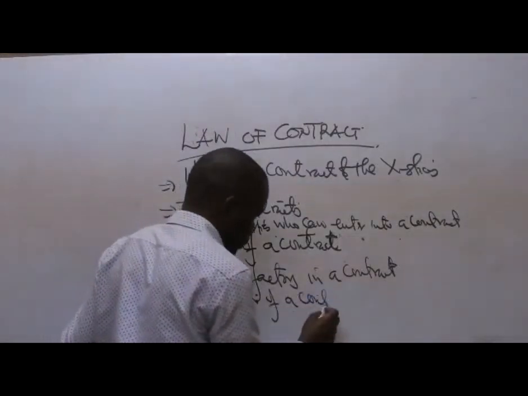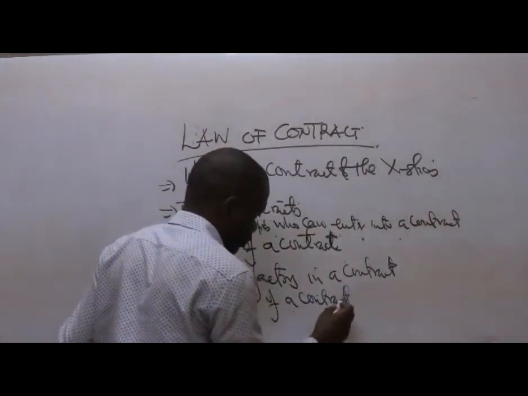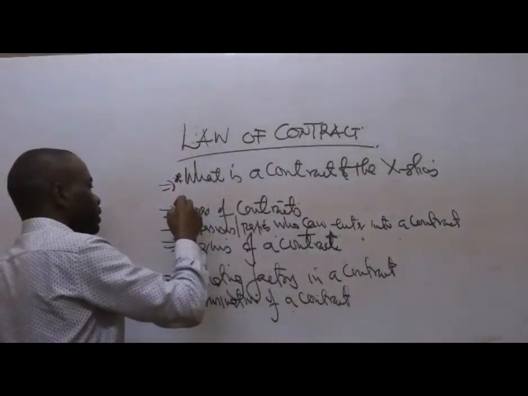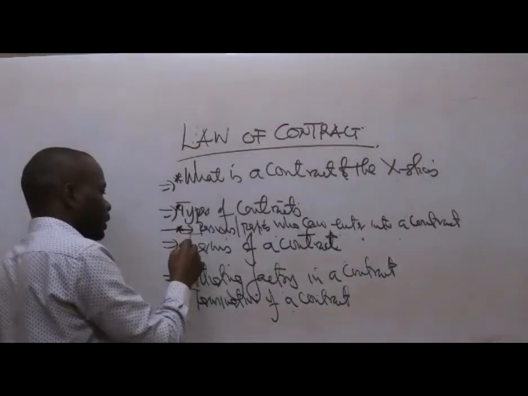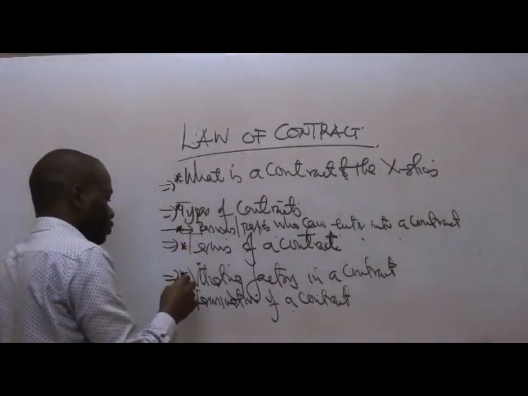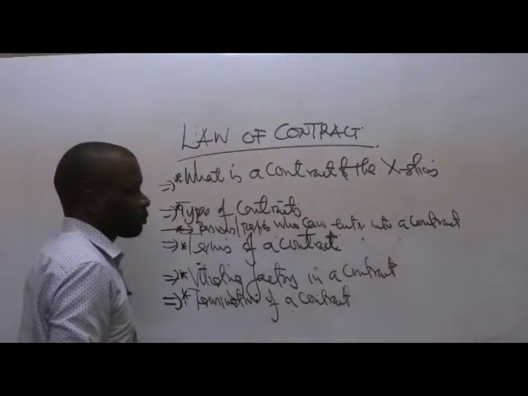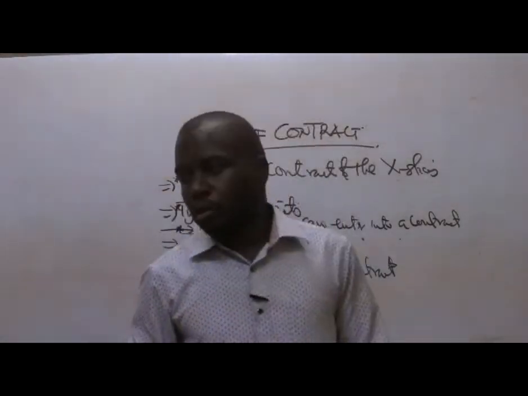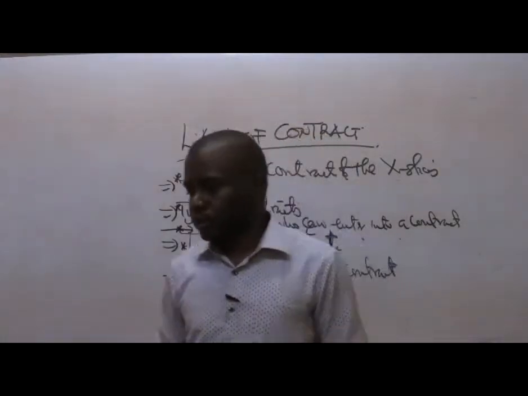How does a contract come to an end? So these are the major areas you need to be able to understand under this particular topic we are calling the law of contract.